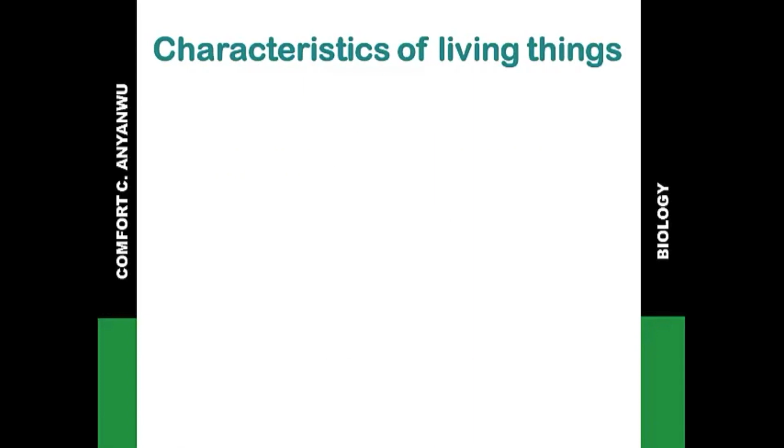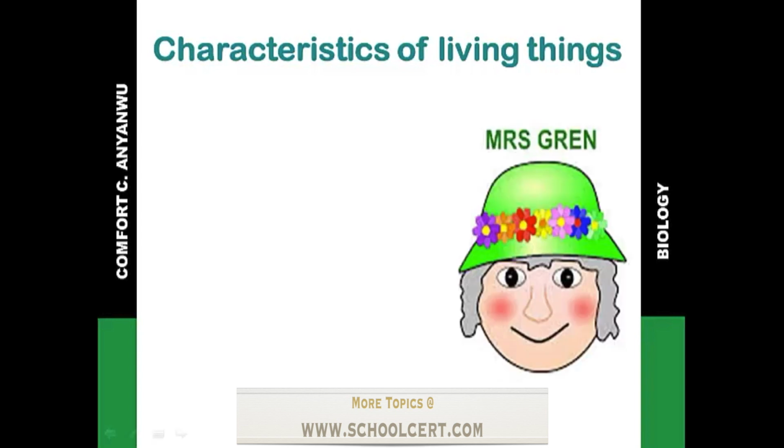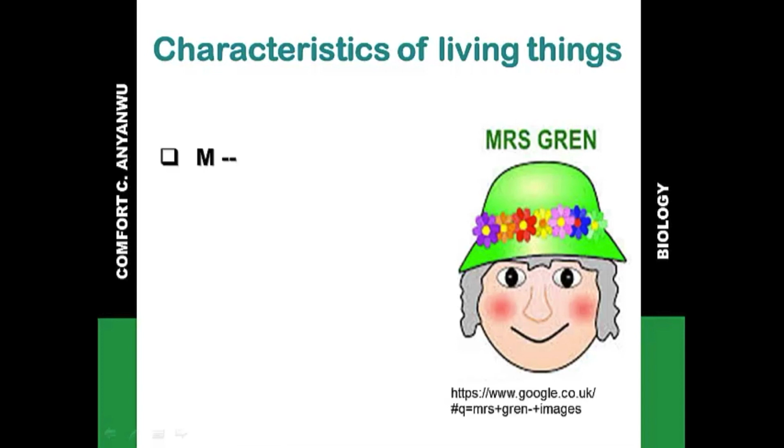In our last lesson, we looked at the characteristics of living things. Do you still remember what each of those letters stands for, to enable us to review our last lesson? Did you remember M, R, S, G, R, E, N?